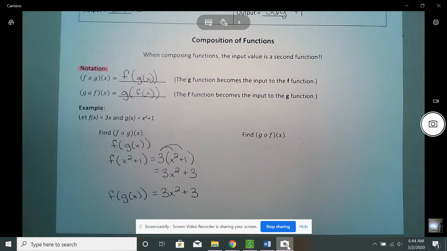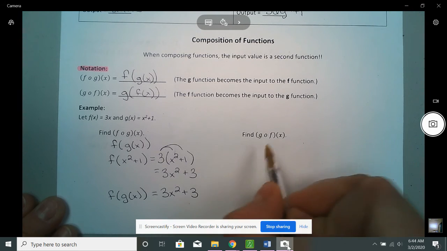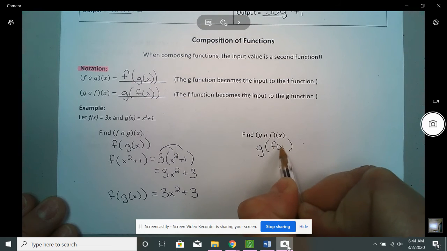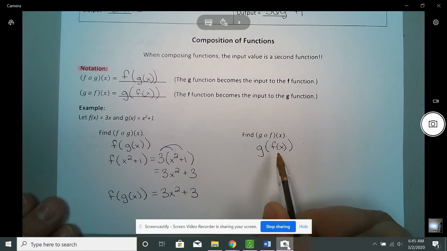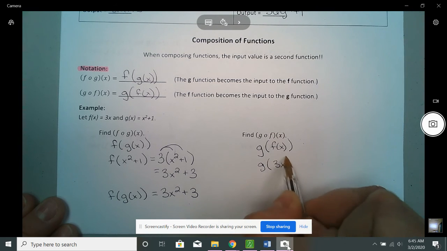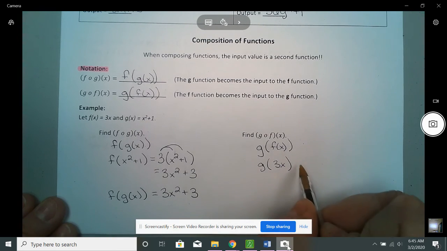Let's reverse the composition. Here we're to find g of f of x. Rewrite that would be the g function, and the input value is the f of x function. F of x is the function 3x. So I'm taking the g function and I'm inputting 3x where the x was.